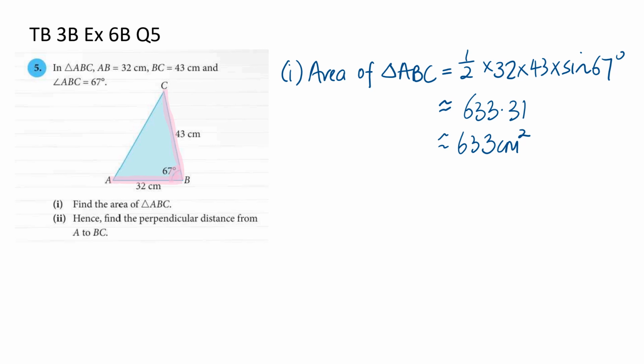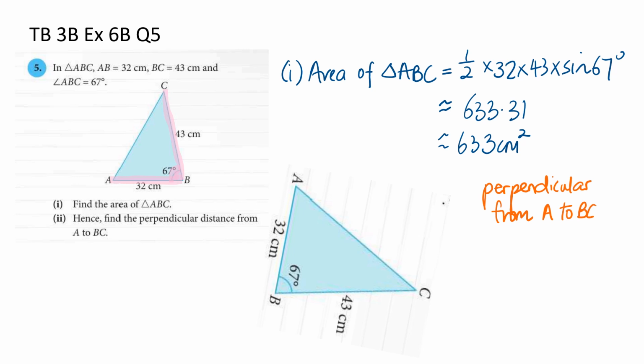For part 2, I would advise you to draw a diagram because usually a picture tells 1,000 words. What is needed is to draw a perpendicular line from A to BC.